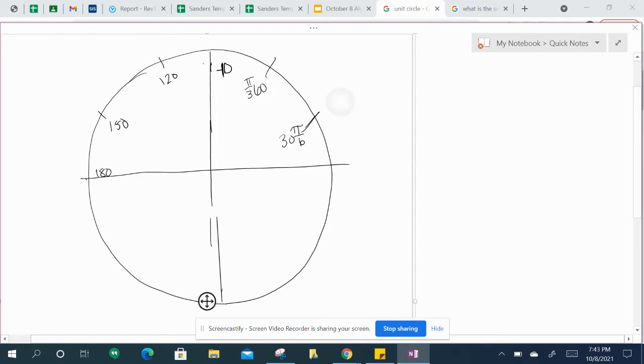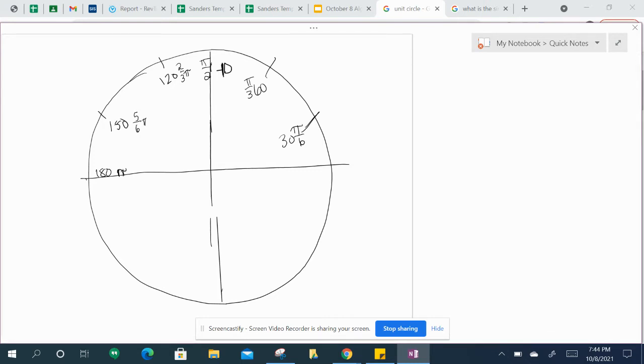And then 3 pi's over 6, which is pi over 2. 4 pi's over 6, which is 2/3 pi. 5 pi's over 6, which is 5/6 pi, and then 6 pi over 6, which is just pi. And continuing around on the bottom half of the unit circle as well.